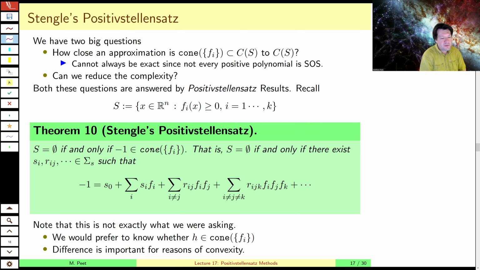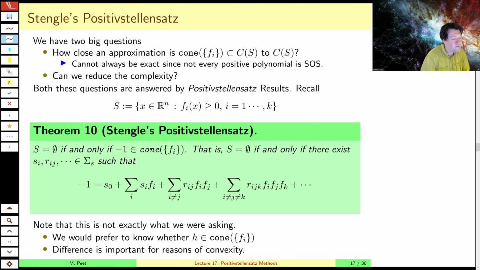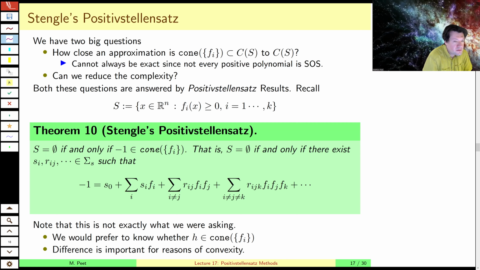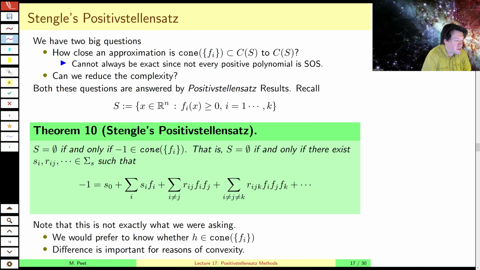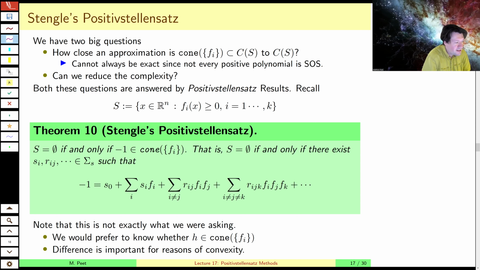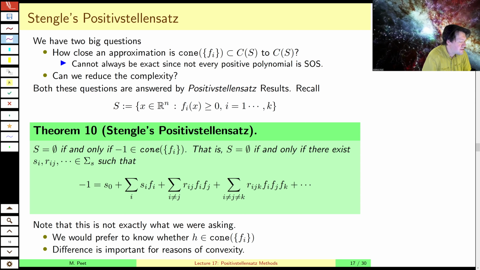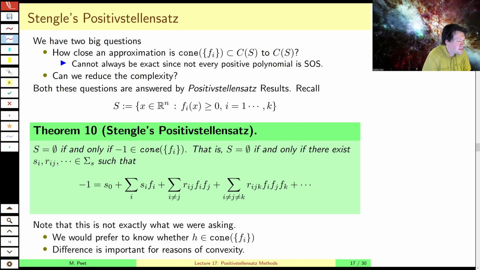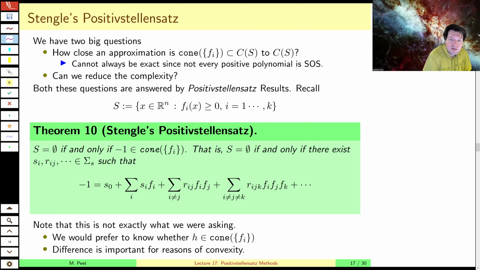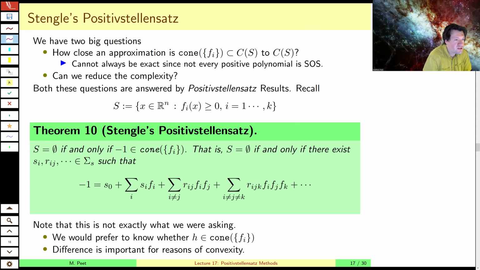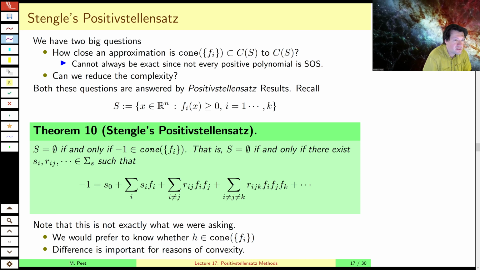All right, so welcome back to part B, where I will attempt, hopefully more or less successfully, to do justice to the dark art of the Positivstellensatz, which sounds very forbidding and dangerous, but really it's just a way of talking about what is a good representation of a semi-algebraic set.